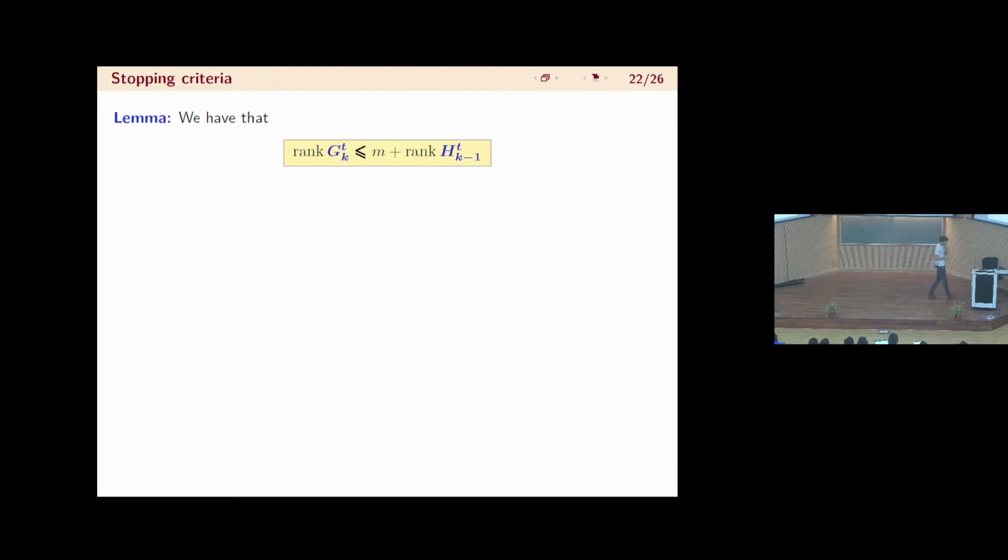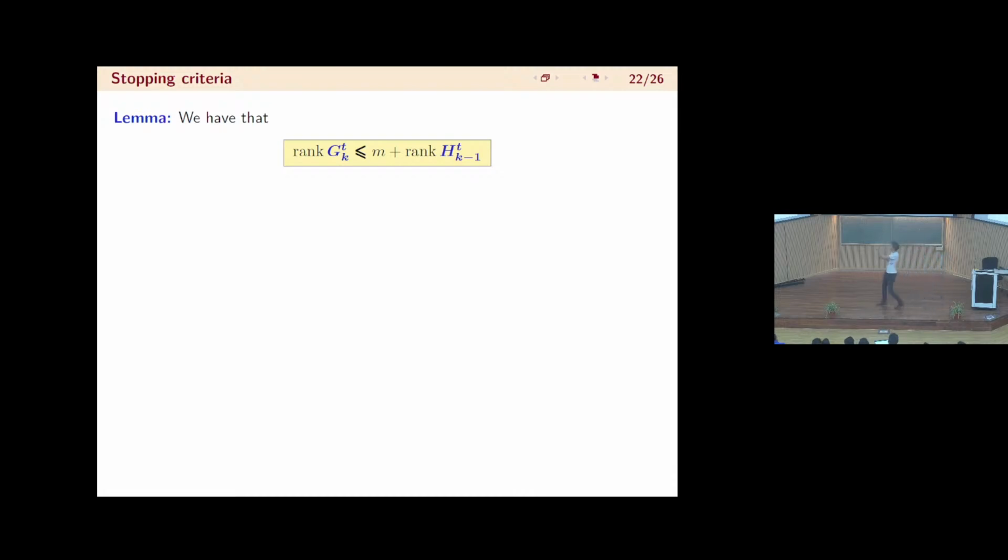Well, to conclude that I need two lemmas. So first of all, one can prove that the rank of G_k^T is always less than or equal to m plus the rank of H_{k-1}^T. That means that there are two situations.